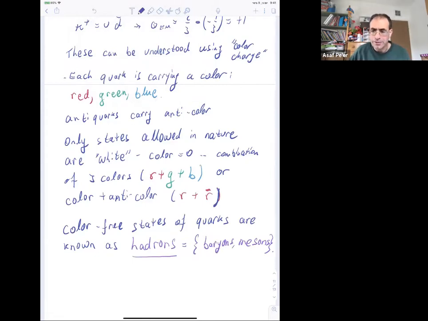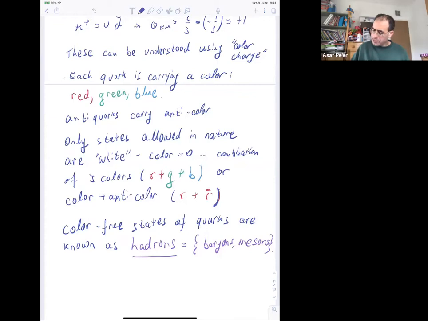Now, of course, these are just heuristic descriptions. We cannot measure any color charge. And obviously, these have nothing to do with the colors that we're used to from everyday life. But this is a formalism that helps understanding the mechanism behind hadron formation. All right, questions? No questions?